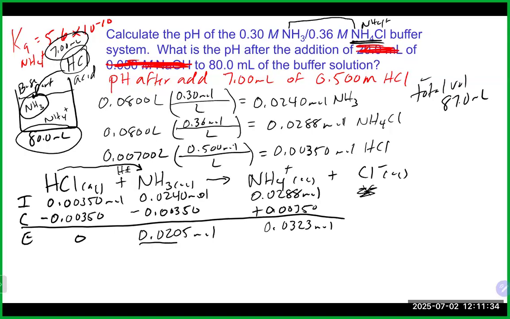We'll divide each of these by 0.087 liters. That will convert everybody back into molarity, which, trust me, is probably the best move in most cases. And that's going to get us 0.3713.